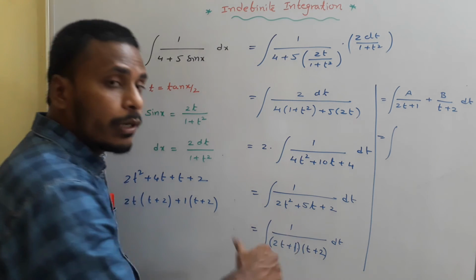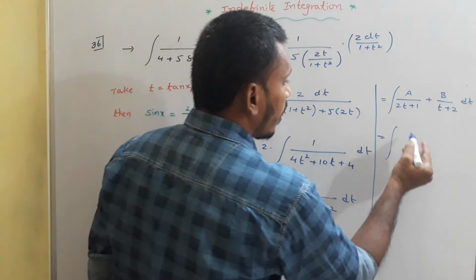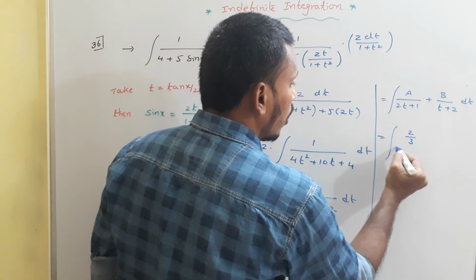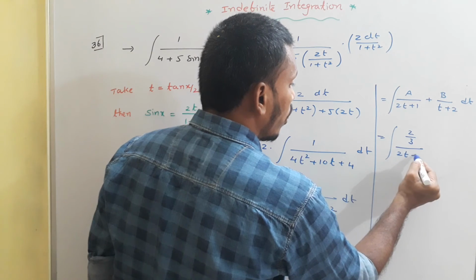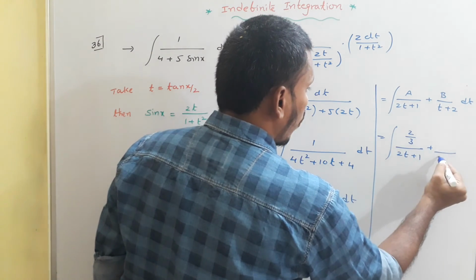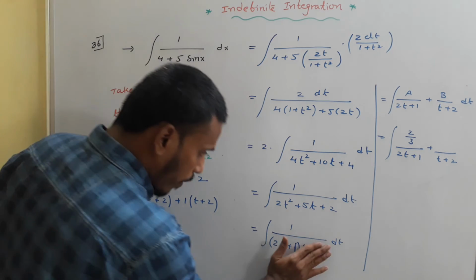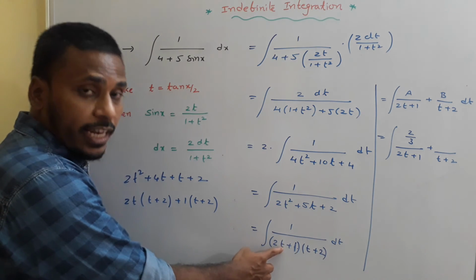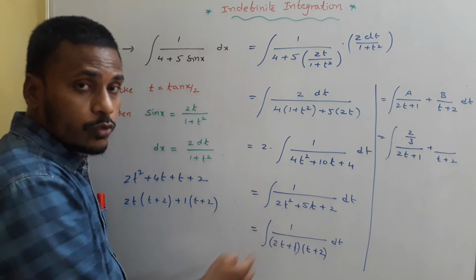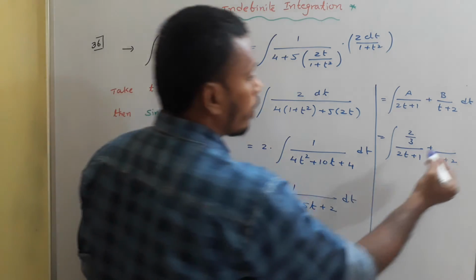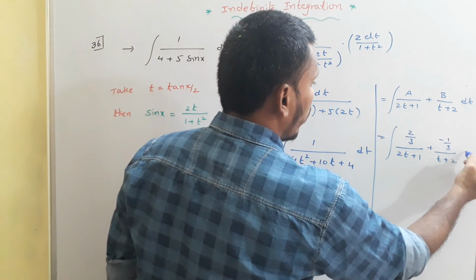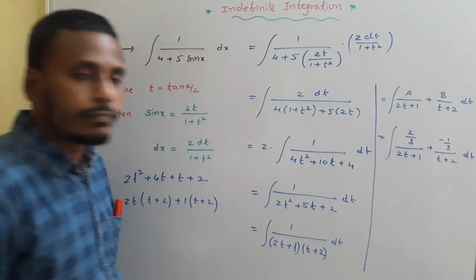So 1 by 3 by 2 means 2 by 3. So this a is nothing but 2 by 3. Now to get b, close this t plus 2, replace t with minus 2: minus 2 plus... 2 times minus 2 is minus 4, plus 1 is minus 3, so 1 by minus 3, that is minus 1 by 3, dt.